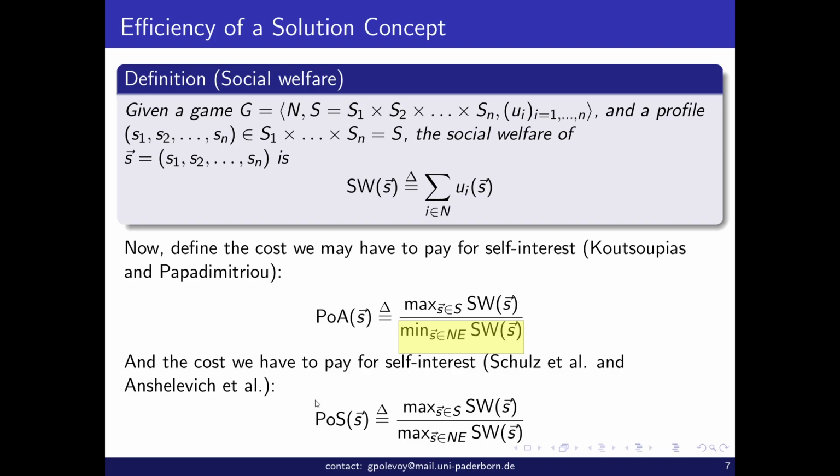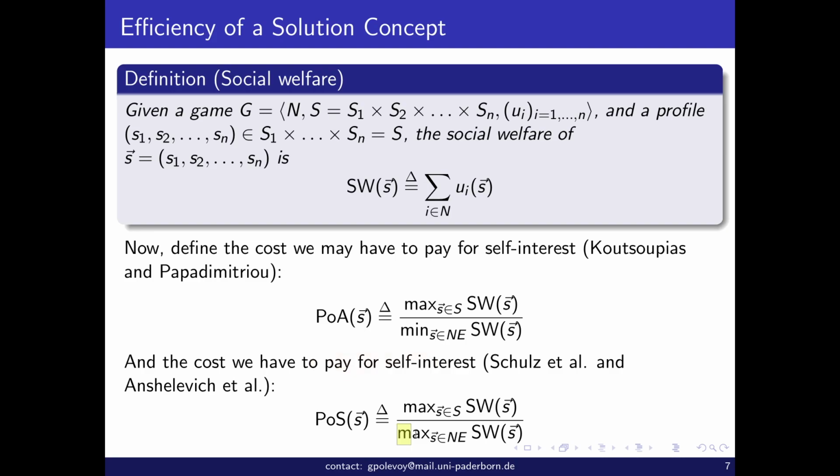Now the other option is the price of stability, and that's in a way a complementary thing, the other extreme. We look at the cost we have to pay for self-interest. Maybe we play the best equilibrium, not necessarily the worst, but we absolutely have to pay at least that.